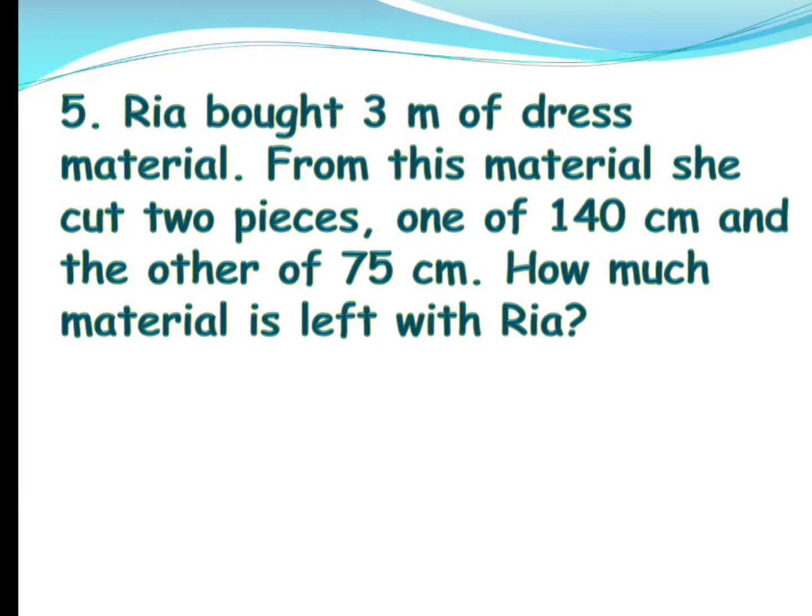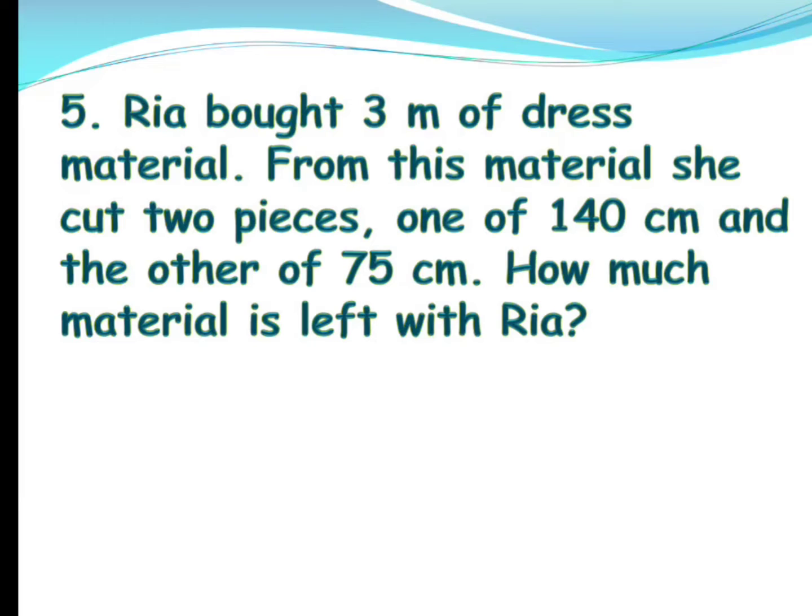So this is a multi-step problem, isn't it, children? Total length of the material is 3 meters. In that she cut two pieces, 140 centimeters and 75 centimeters. Now is he asking how much did she cut altogether? No, he is asking how much is left.